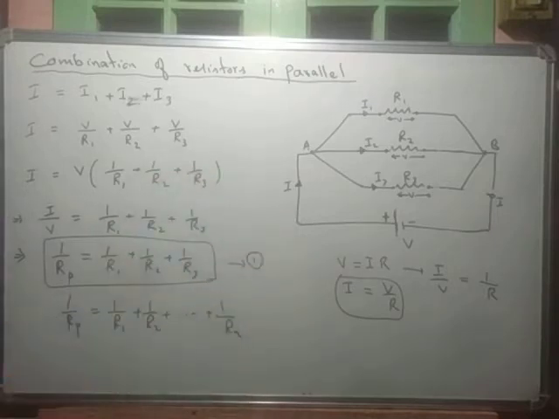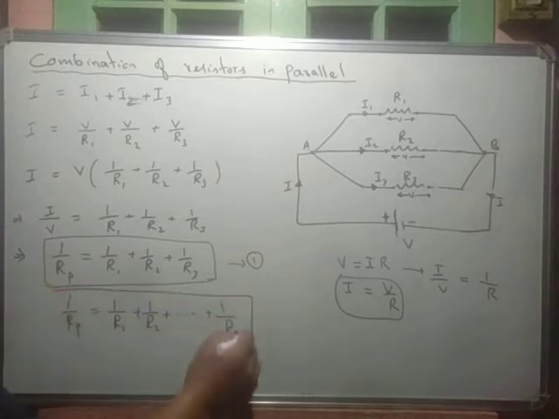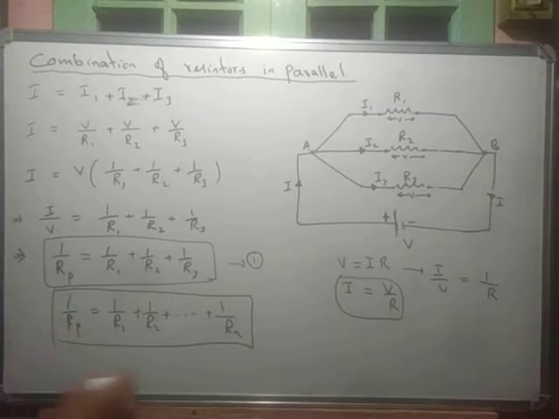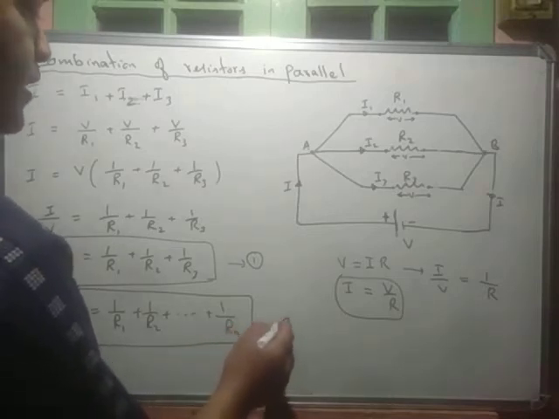Here we have considered n resistors connected in parallel, so their total resistance will be given like this. All right, so this is all about the combinations of resistors in parallel.